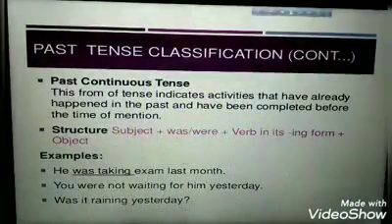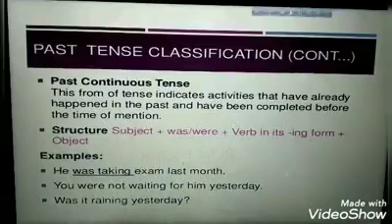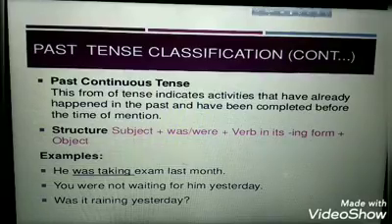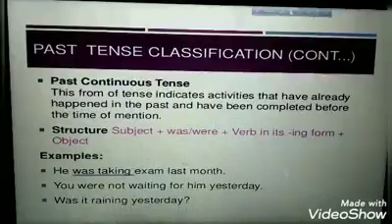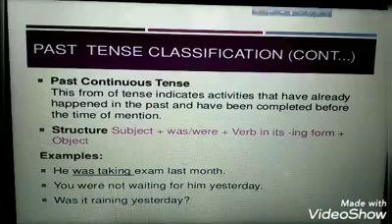So the next one, past continuous tense. This form of tense indicates activities that have already happened in the past and have been completed before the time of mention. Okay, that means the process was going on in the past.